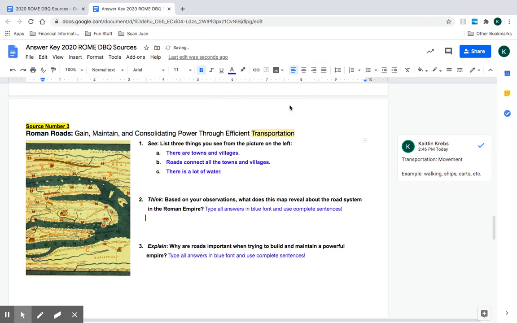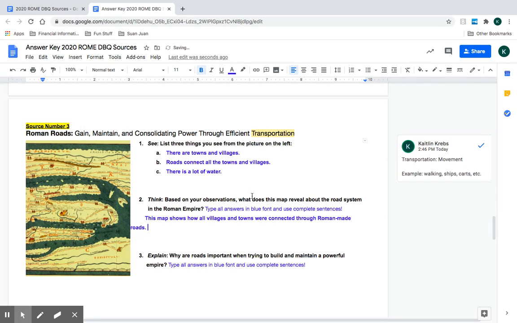Well, using my complete sentences, this map shows how all villages and towns were connected through Roman-made roads.